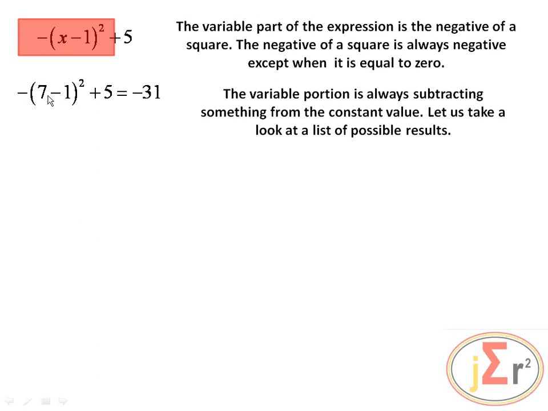So it is going to be negative 36 plus 5, and that is negative 31. This one, we have 5 minus 1, which is 4 all squared, that is 16. But of course, we have this negative sign right here, so it is negative 16 plus 5, and that is negative 11.